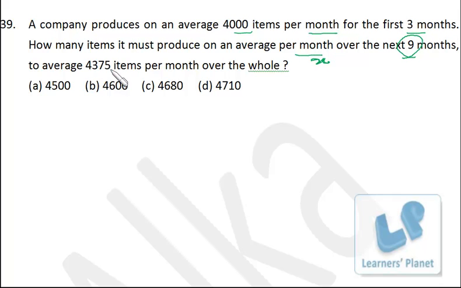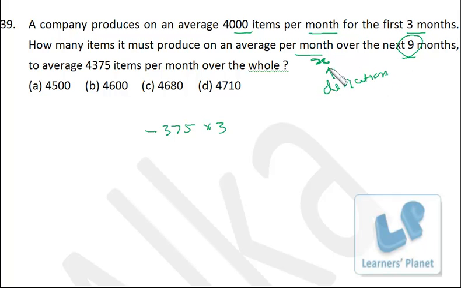So the average is 4375, so here it is 4000, that is a negative deviation of minus 375 for 3 months. Then what I assume is this x is the deviation, not the average sale, but x is the deviation.